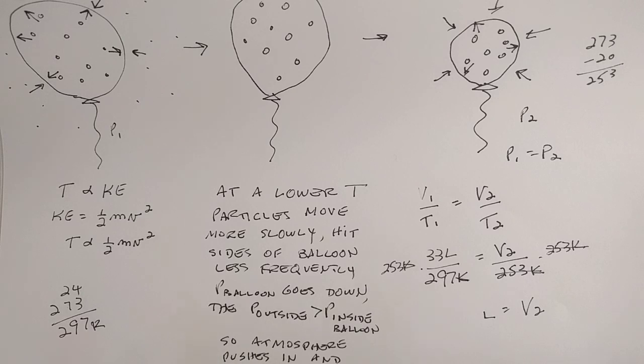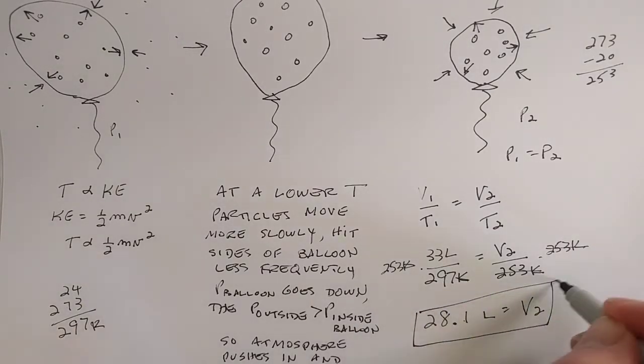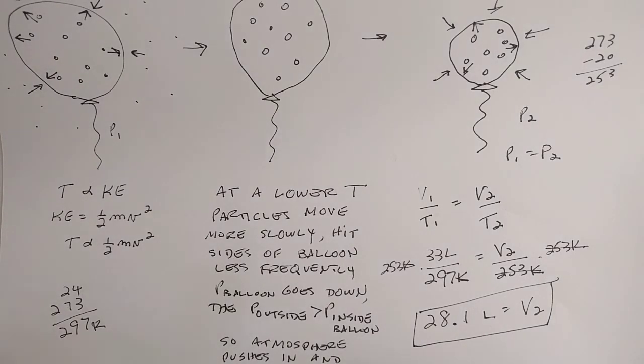And let's see what we get. 253 times 33 divided by 297 equals. So our volume is 28.1 liters. Started out at 33, the temperature went down, the volume went down. The temperature goes up, the volume will go up as long as the pressure stays the same. All right, that's it.